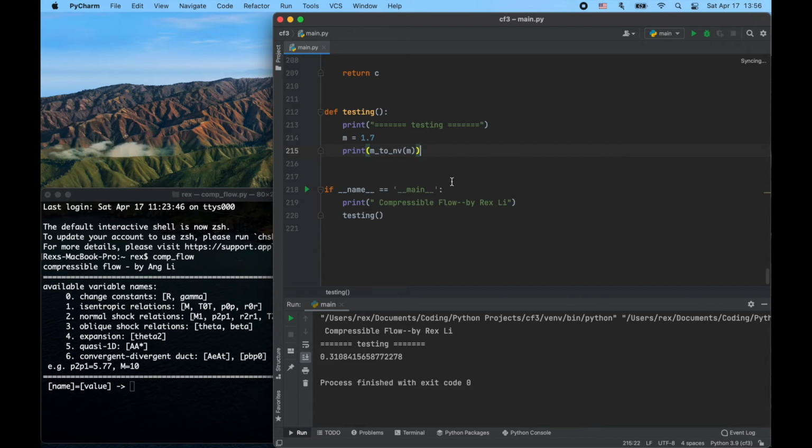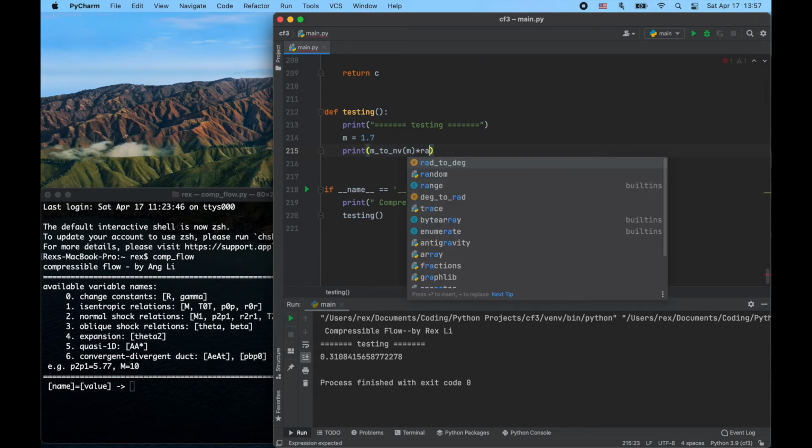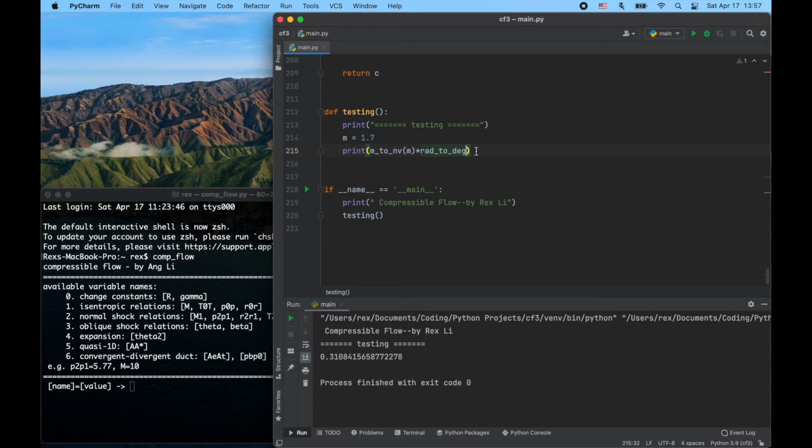So Mach number is 1.7, and nu is okay. This equation is in radians, but in the book everything is in degrees. So convert it into degrees, and it's 17.8 degrees. This is consistent with the book. All right.